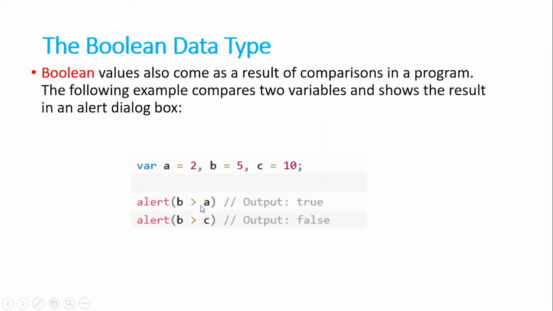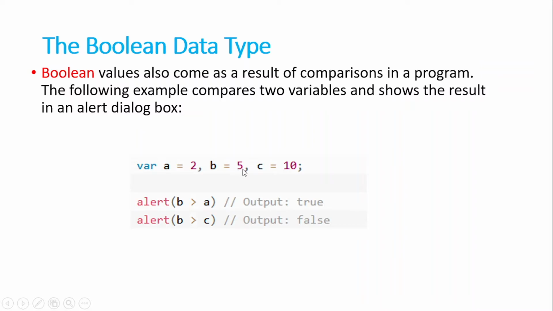Now we are checking if B is greater than A or not. So this symbol, which is the greater than symbol, is actually a conditional operator that we are using to ask the computer whether whatever B is having is greater than A or not.